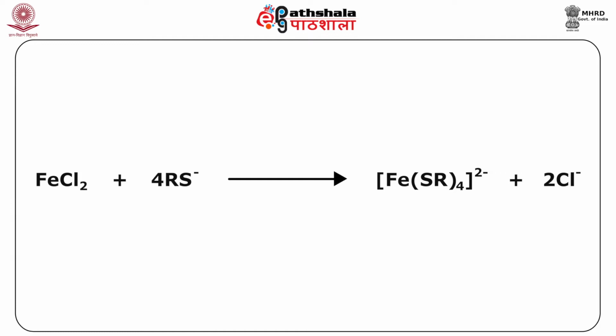So, you can see how an iron 2 salt is taken and reacted with 4 RS- ligands to form the FeSR4 2- complex plus 2 chloride minus.